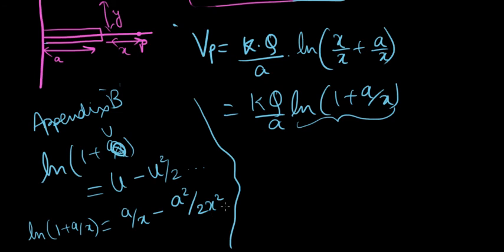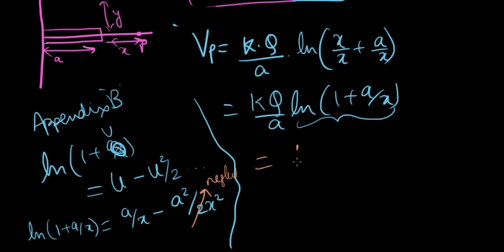Now here we want to see what happens when x increases to a large number. If x increases to a large number, x squared would be a super large number. And if you have a very big number in the denominator, the entire term is going to be really small, so it can be neglected. So we consider this to be only a over x.